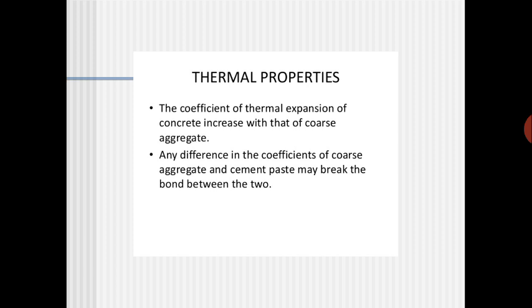Normally if it increases beyond 500, 600 or 700 degrees centigrade, the thermal expansion is going to happen. When it happens, the concrete breaks, meaning the bond within the concrete breaks, and of course the total overall efficiency of the concrete is going to decrease.